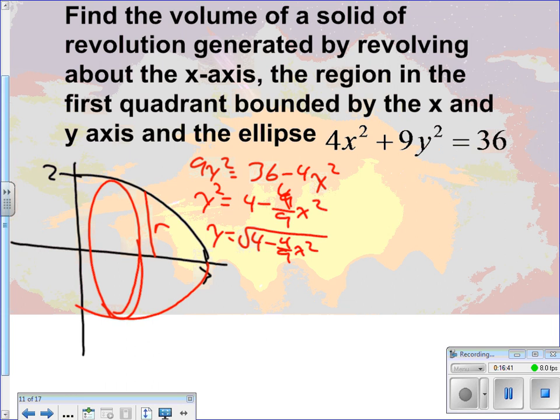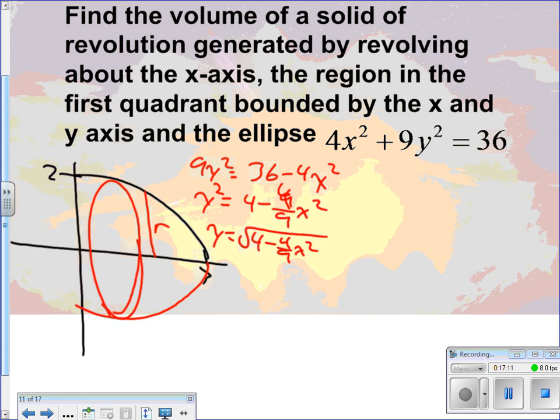And no, it's not 2 minus 2/3 x. You cannot distribute a square root across subtraction. Right? Pythagorean theorem, 3 squared plus 4 squared is 5 squared, does not mean that 3 plus 4 equals 5. If you distributed the square root across addition, you would get 3 plus 4 equals 5, and it doesn't. Okay? So that's my equation.